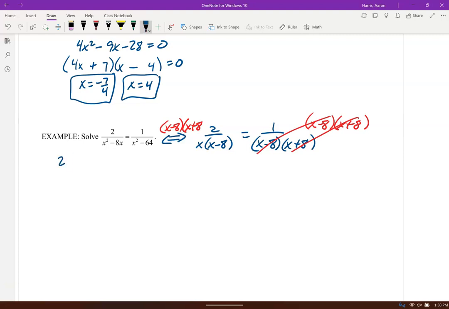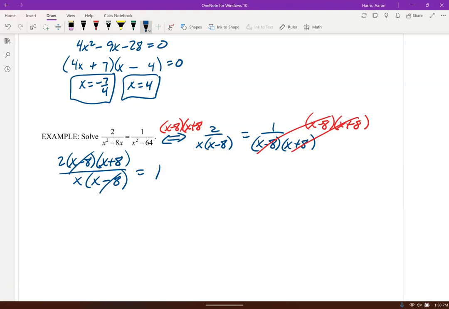So we've got 2x minus 8, x plus 8. I've got an x minus 8 equals 1. Right? Notice these x minus 8s, they do cancel. And we know from the original, x can't be 8 anyways, right?